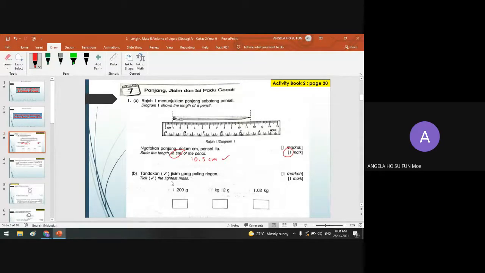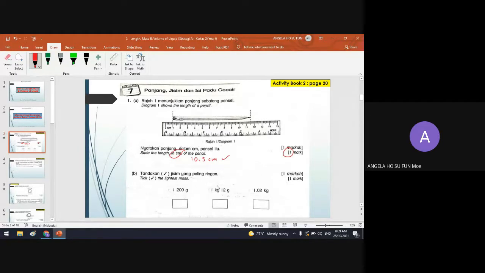Tick the lightest mass. You compare all these in different writing. This is in gram, this is in kilogram and gram, and this is in kilogram. So how do you compare? You have to compare, then find the lightest mass.